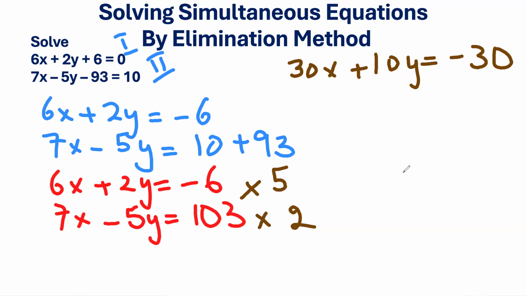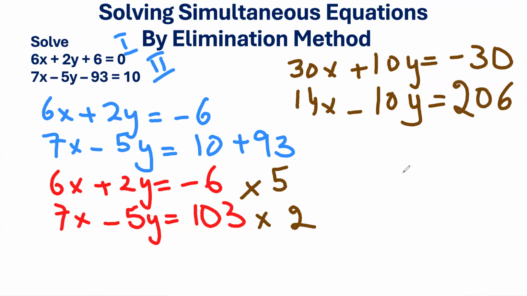So it will become 2 7s are 14x minus 2 5s are 10y is equal to 103 multiplied by 2. It will become 2 3s are 6, 2 zeros are 0, and 2 1s are 2. 206.